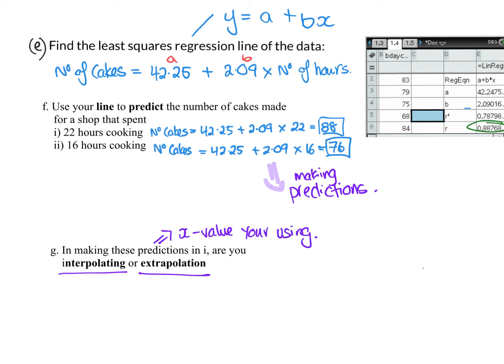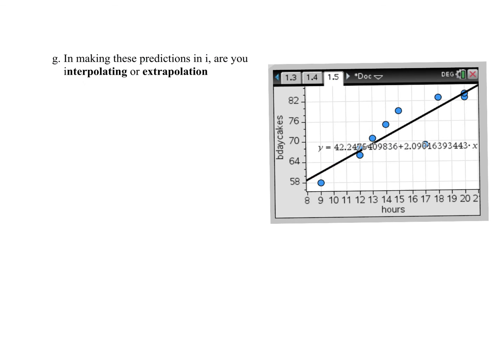I've just put it on the next page. If you're predicting anywhere within the range of your dots, can you see, my lowest one was like 9 hours and my largest one was 20 hours. So anywhere between 9 hours and 20 hours is called interpolating. Okay, so that's interpolating.